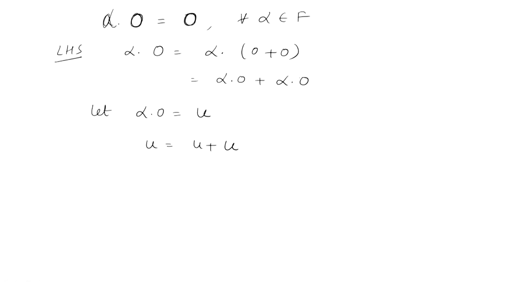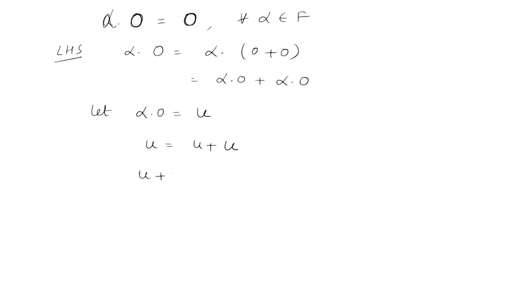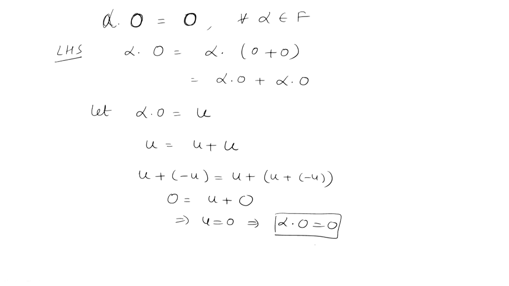Now, u is an element in the vector space, so the additive inverse of u also exists and belongs to V. So, we can add minus u to both sides. Now, u plus its inverse is the additive identity, and u plus the additive identity is u, so this implies u equals 0, and u is nothing but alpha dot 0, which is equal to 0. So, we have proved the first part.